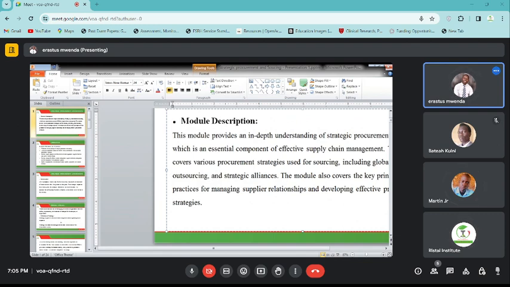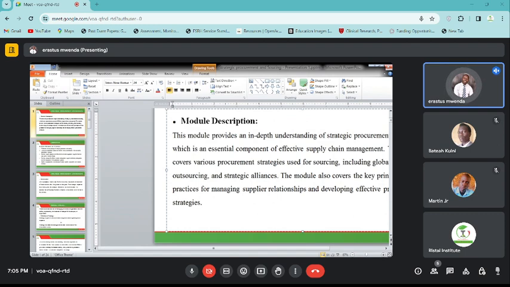So the name of the unit is Strategic Procurement and Sourcing. And in this particular unit, we want to understand various aspects around strategic procurement and sourcing.